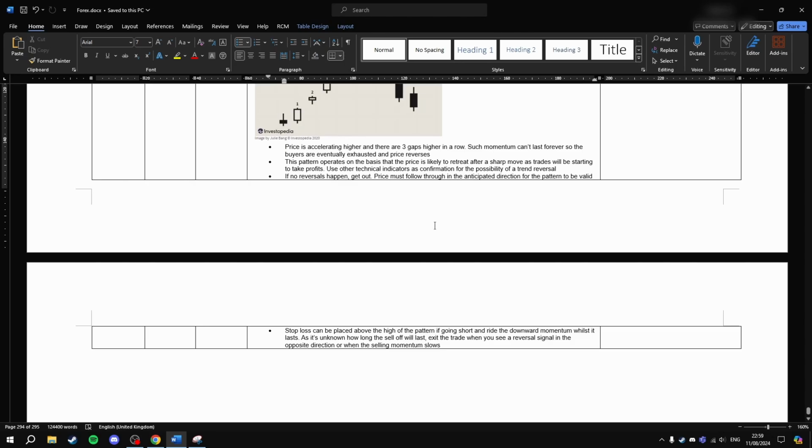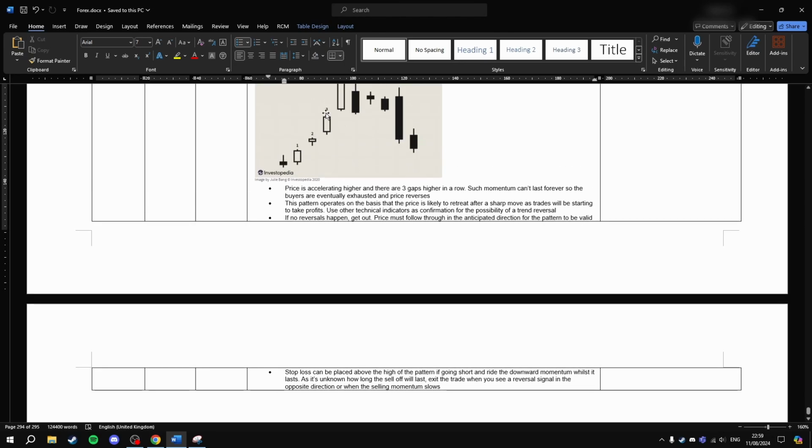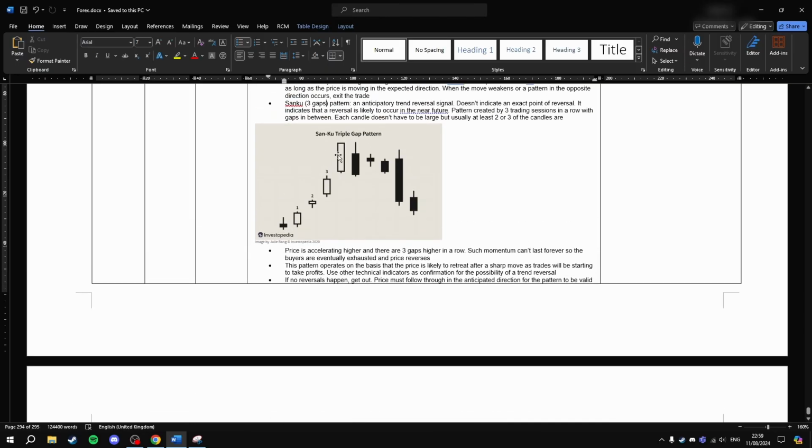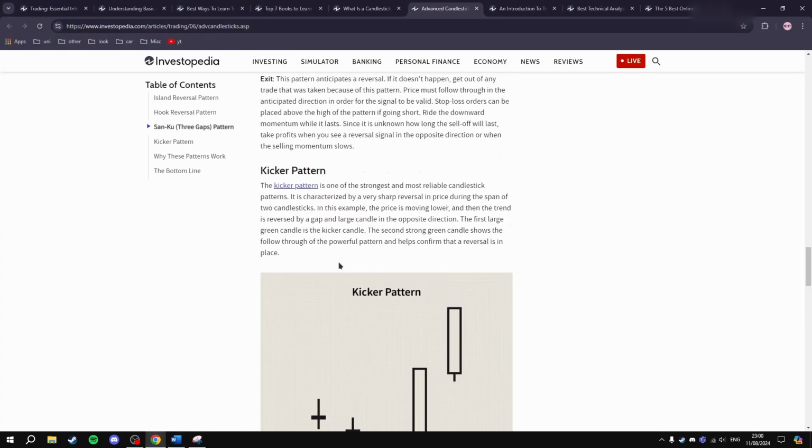I don't think placing the stop loss above the high of the pattern, if going short, works. Because in this example, if you place a stop loss here, then where do you enter actually? Entry.